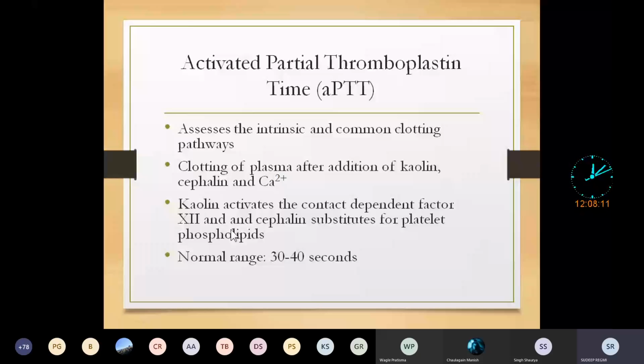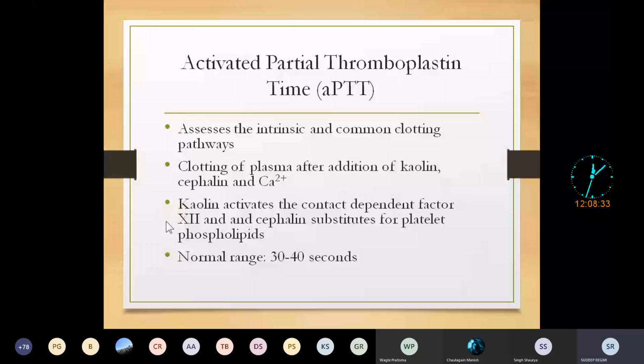Okay, negatively charged phospholipid surface is required for the coagulation cascade to go on. So that is given by the cephalin, and calcium is also needed for the coagulation cascade. So whatever is needed we give, and we see for the clotting, and whenever the clotting starts, that is the activated partial thromboplastin time.